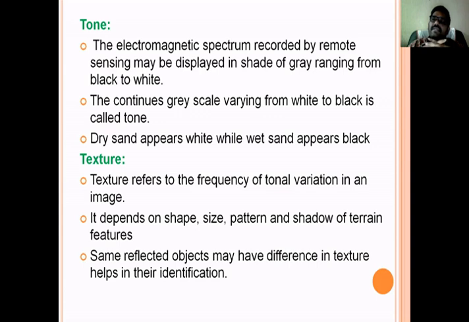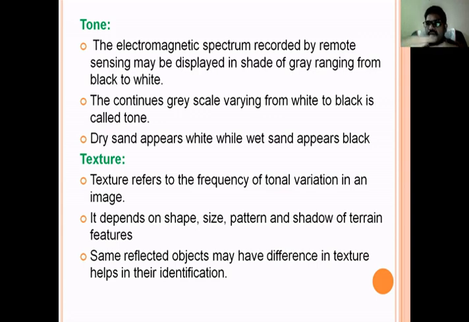Coming to the texture. What is texture? Texture is nothing but the appearance of an image in one particular area. For suppose, large numbers of trees are planted.